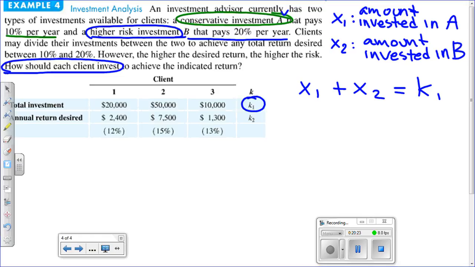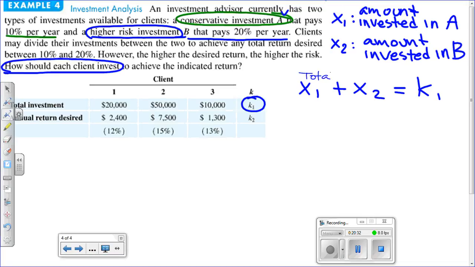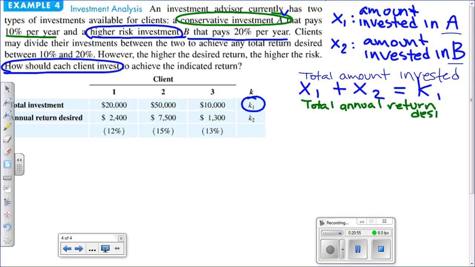Then we look at the second equation. First of all, this first equation is talking about the total amount invested in both A and B. Then my second equation is going to talk about the total annual return desired.